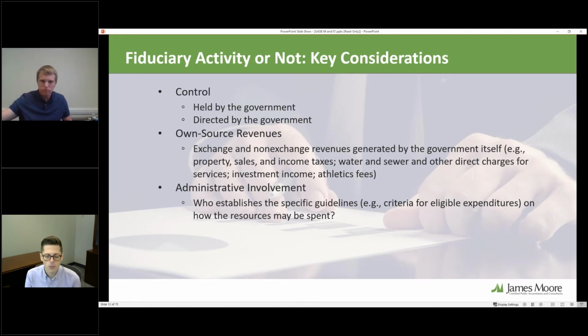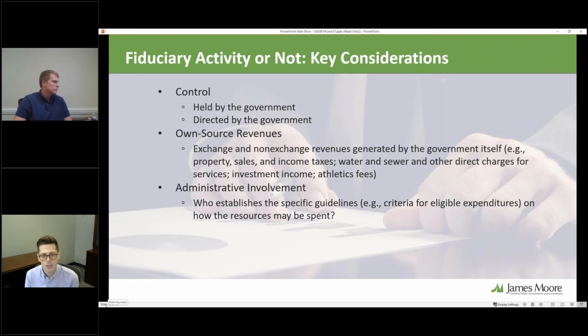Administrative involvement: who's establishing the specific guidelines, the criteria for eligible expenditures, and how the resources may be spent. So again, here, if you're investing those assets on behalf of another entity, or you're holding revenues, say in a tax collector situation where you're collecting taxes on behalf of another entity and you're then holding those to transfer on to that other entity, you're not setting the criteria for what an eligible expenditure is.